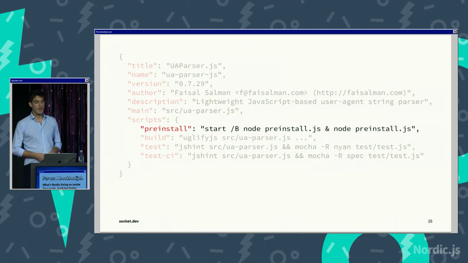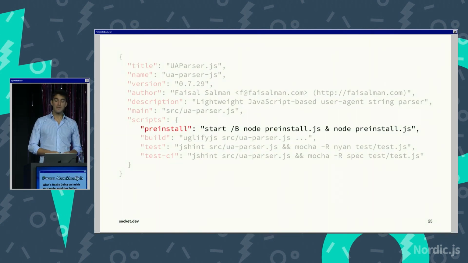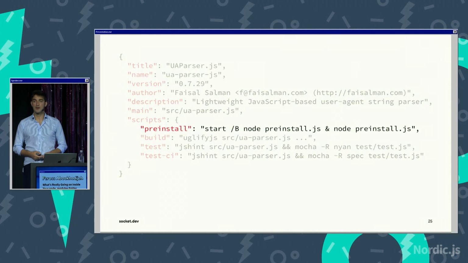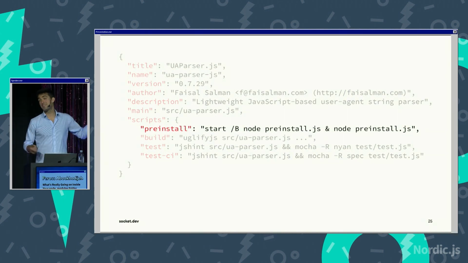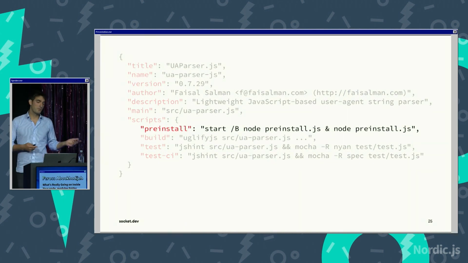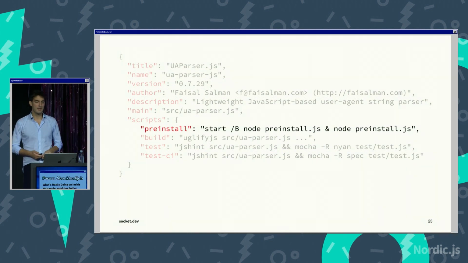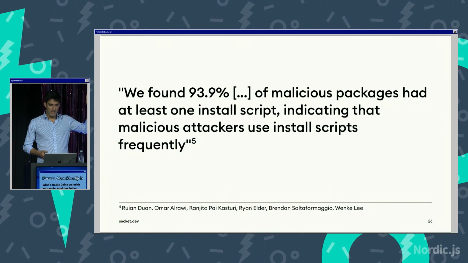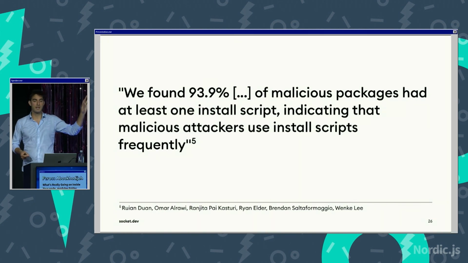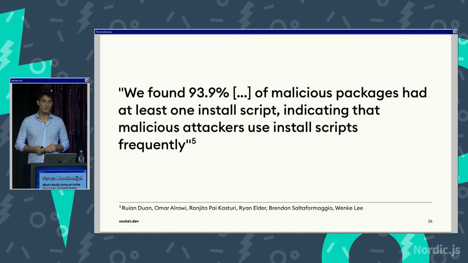You'll notice it's using a pre-install script, which is a very, very common technique that attackers use when they take over a package. It also has legitimate uses. So it's one of these features in NPM that is sort of love it or hate it. But most malware does use this, and so it is quite an interesting signal.